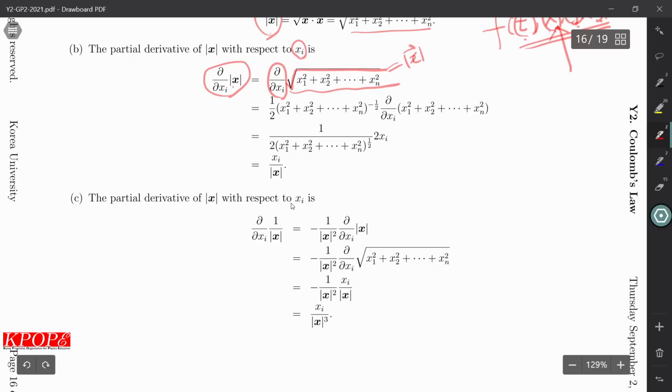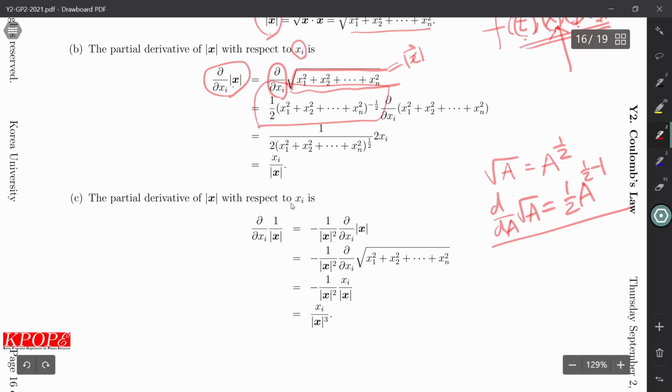If we take the partial derivative of the vector magnitude with respect to xi, then first we make use of the chain rule, because of the power of 1/2. Applying the chain rule, this one is this.